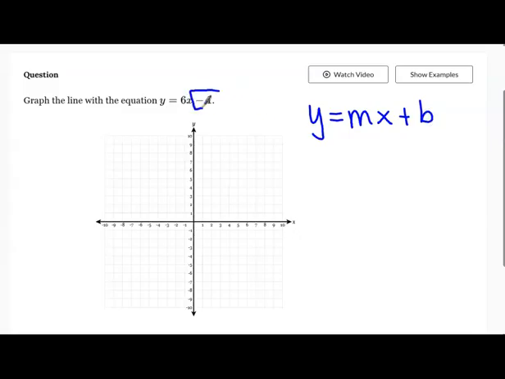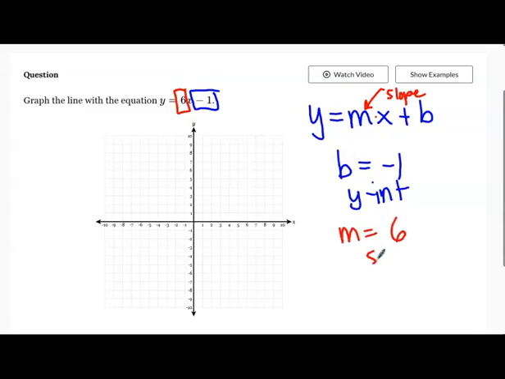So since our equation has a -1, that means our b value, or our y-intercept, is -1. The slope is in the m position. The coefficient of x is your slope. So for us, the coefficient is 6. So the m value, or the slope, will be up 6 over 1.